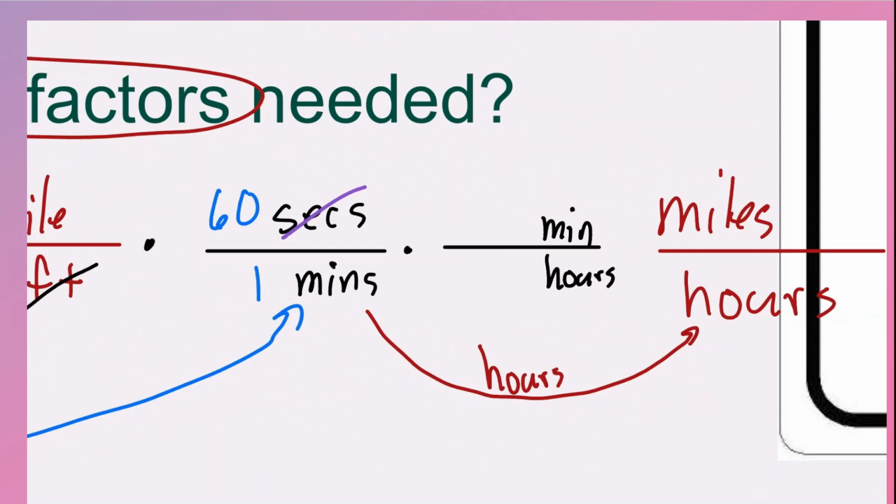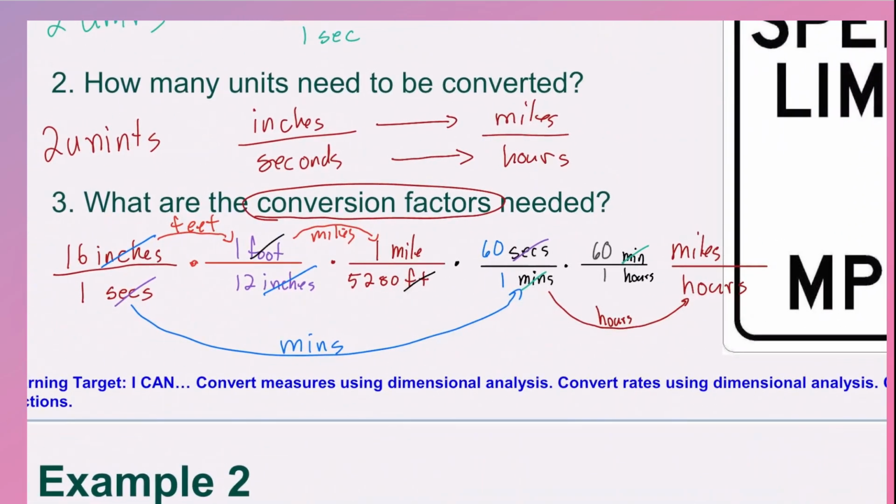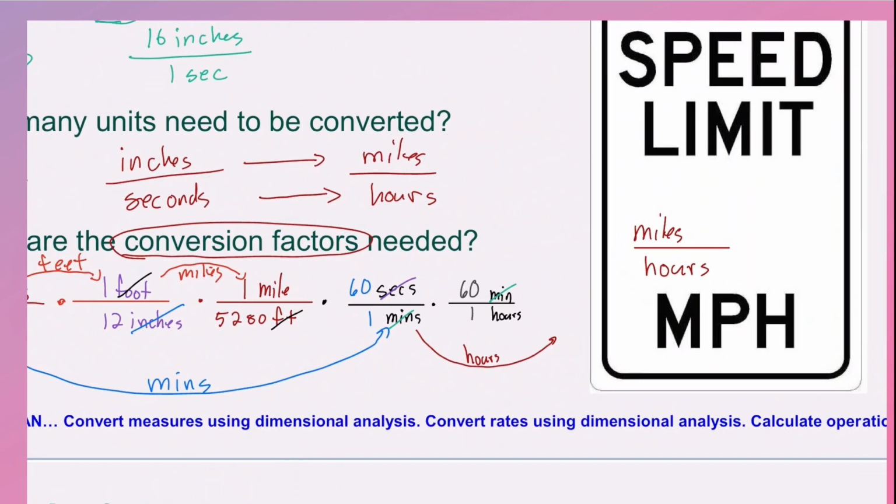Again, we want them in opposite locations. If minutes is on the bottom to start, then to cancel it out, I need it on top. So there are 60 minutes in 1 hour. And those are all my conversion factors. I have to go step by step. It is very systematic.